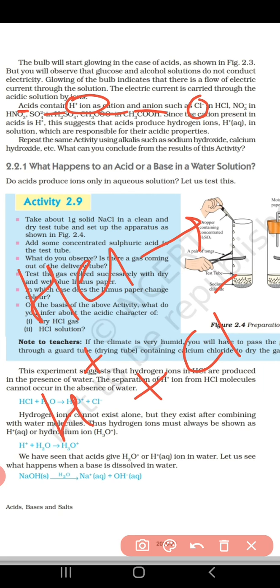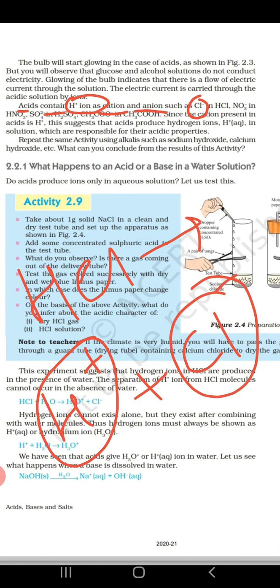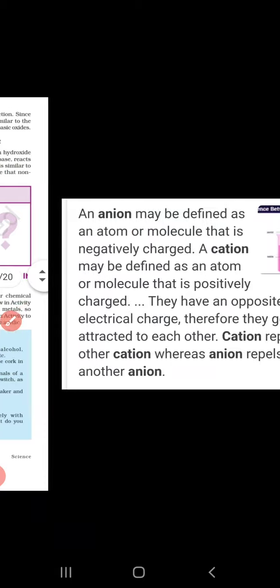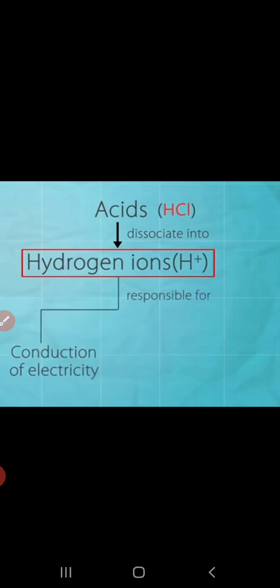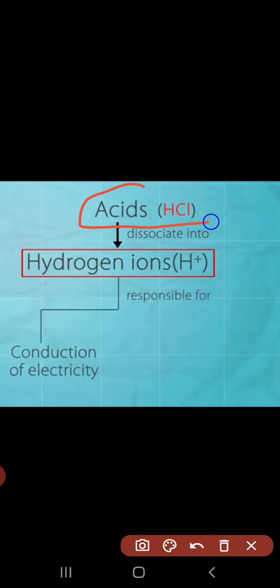So here H plus ion is a cation and Cl minus ion is an anion. See here, when acids dissociate in aqueous solution, they give hydrogen ions, and it is responsible for the conduction of electricity.